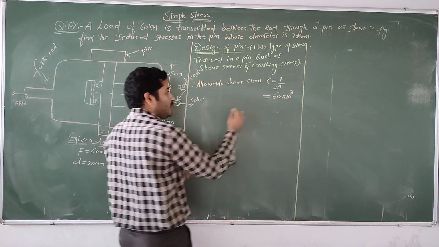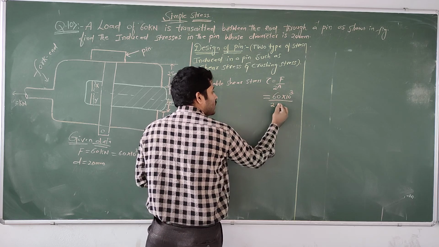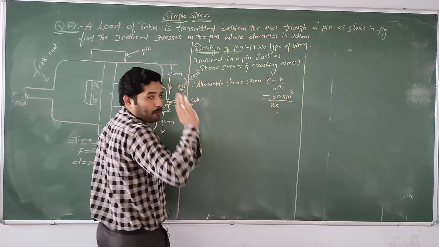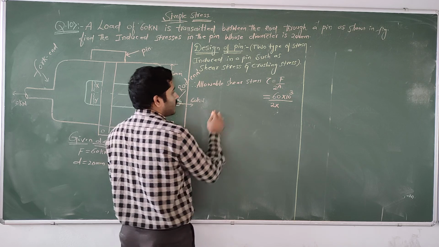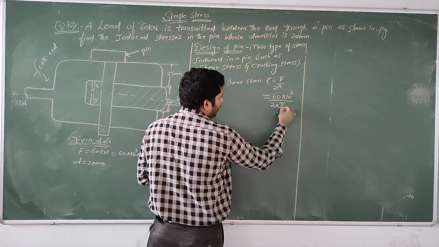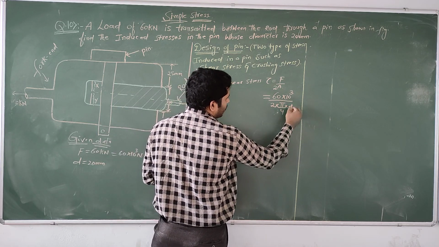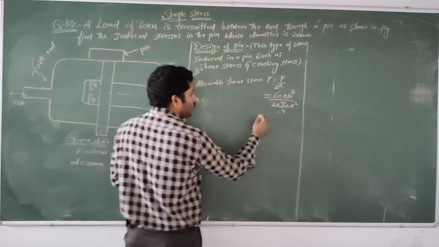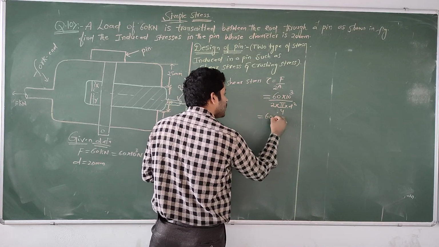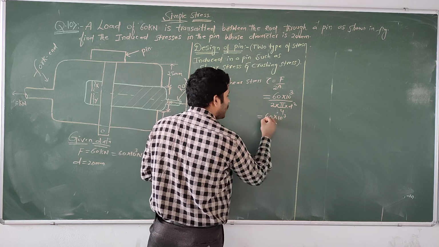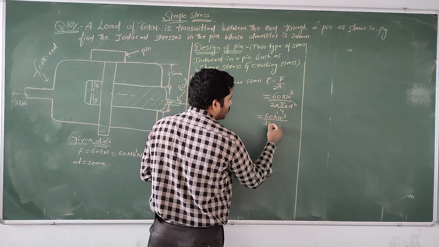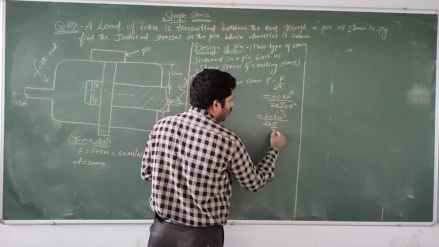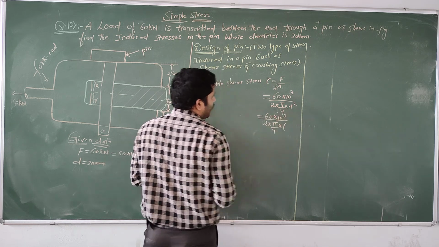Then 2 is constant. Area formula is pi by 4 into d square. So tau is 60 into 10 power of 3 by 2 into pi by 4 into d.